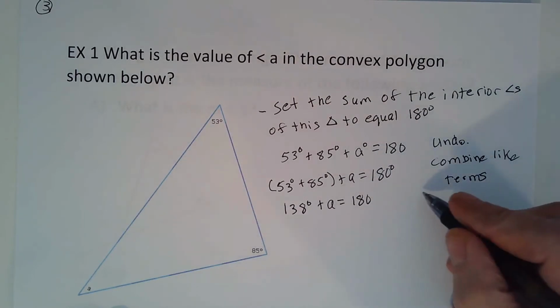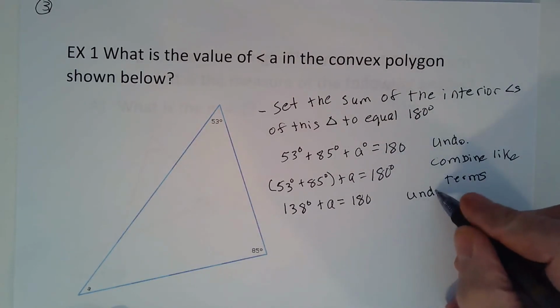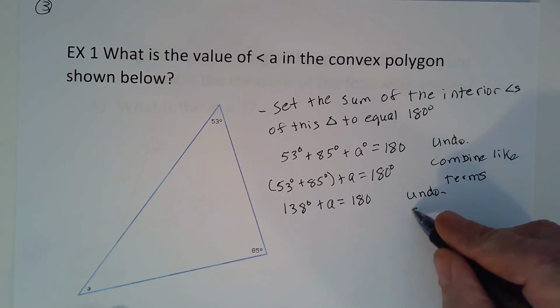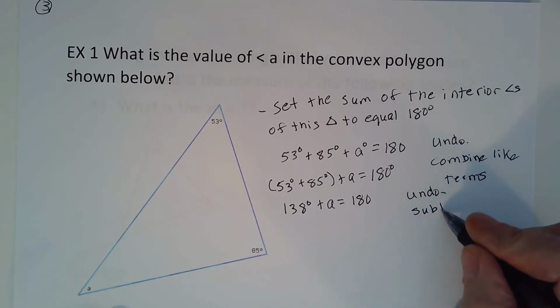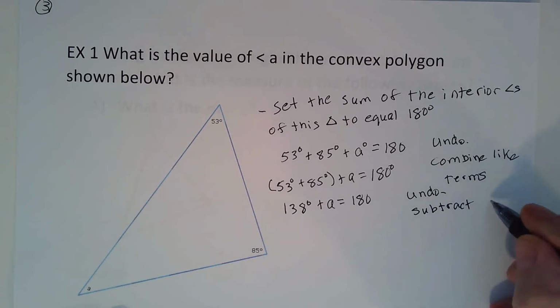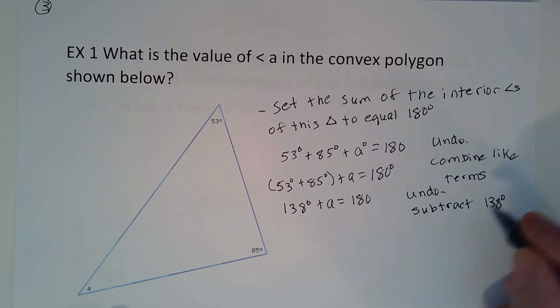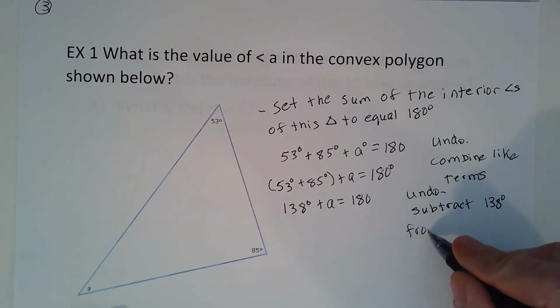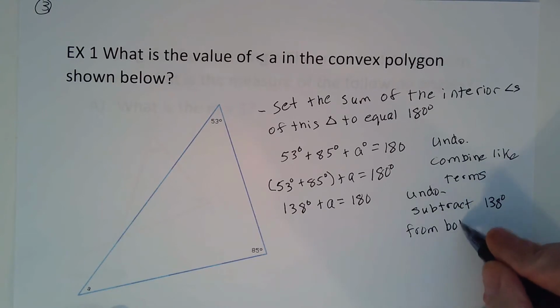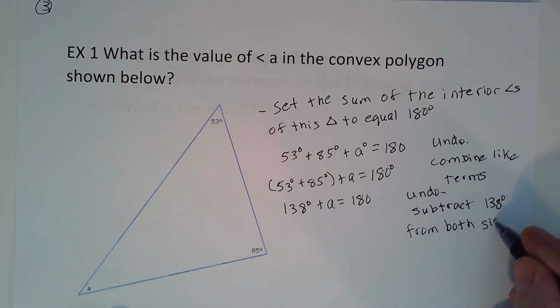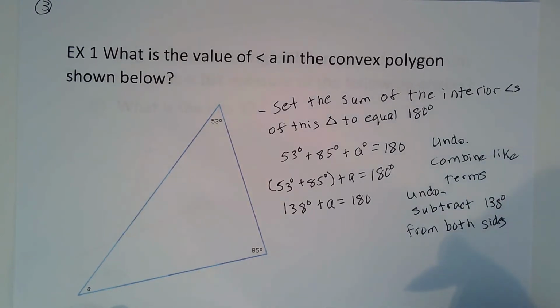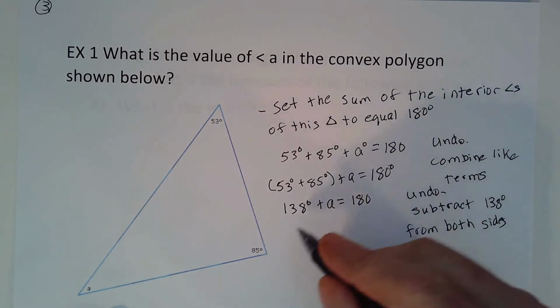Now we're going to undo: subtract 138 degrees from both sides of this equation. This is just ordinary algebra, Algebra 1 kind of stuff.